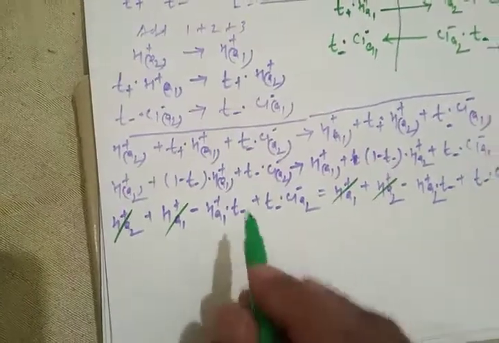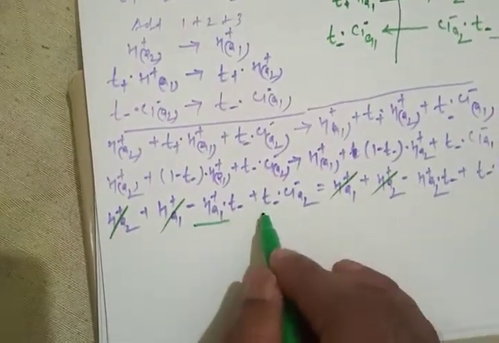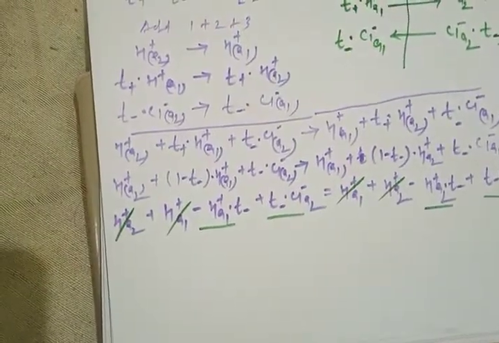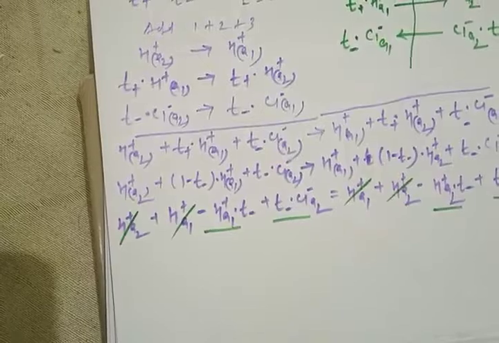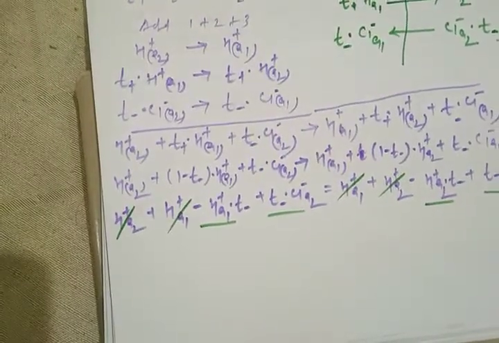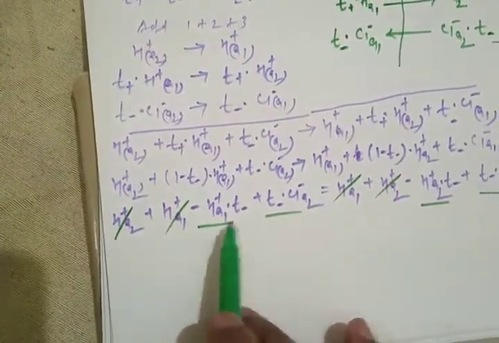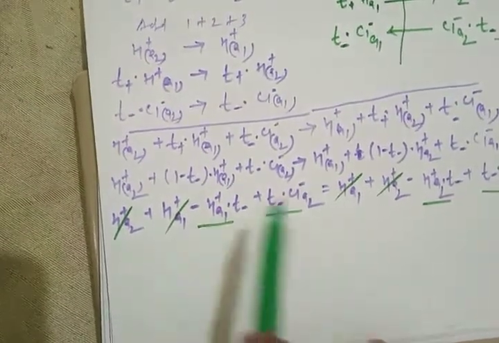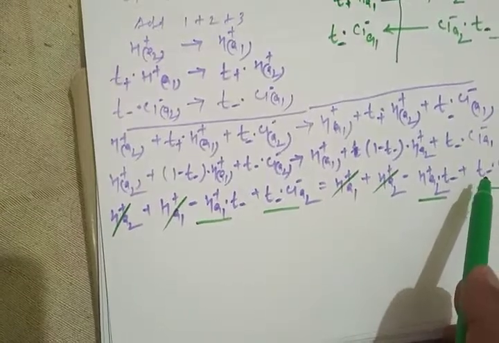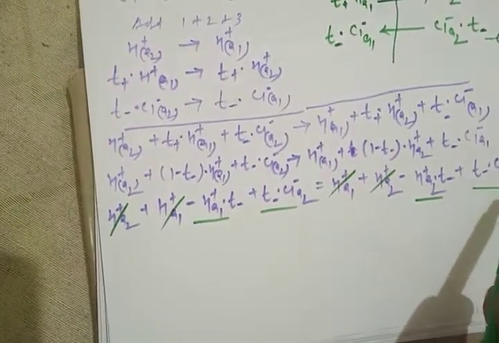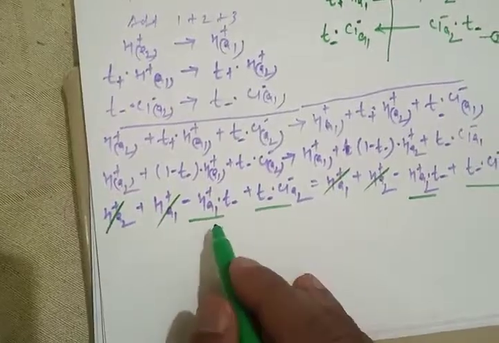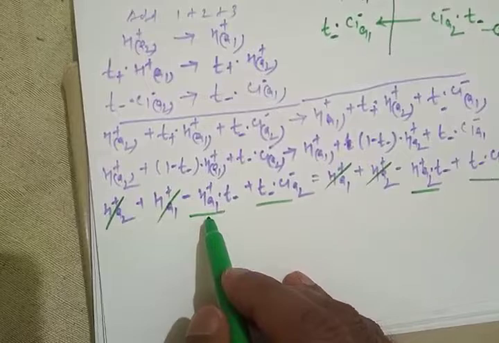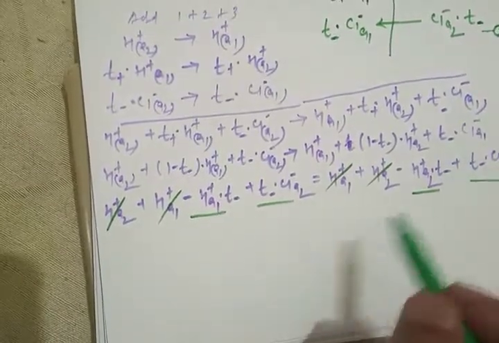Okay, now we have this value and this value, this value and this value. So we will write this value as common. Here we have T minus H plus A2, and here we have T minus Cl minus A1. Both have T minus, so we will take H plus and Cl minus on one platform.